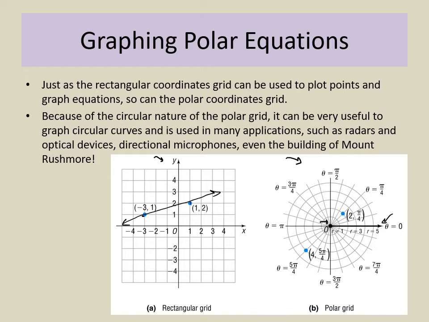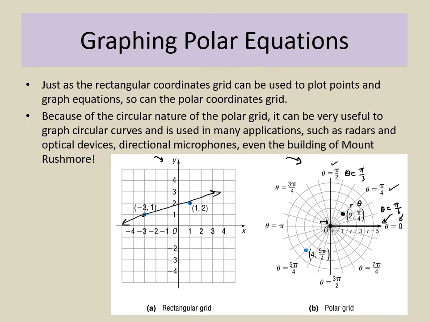We know that every point in polar coordinates consists of r and theta, where theta is the angle. So here theta equals 0, and then we have, for example, theta equals pi over 6, theta equals pi over 4, theta equals pi over 3, theta equals pi over 2, and so on.